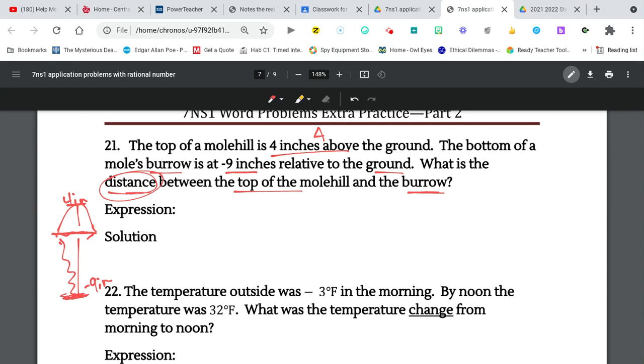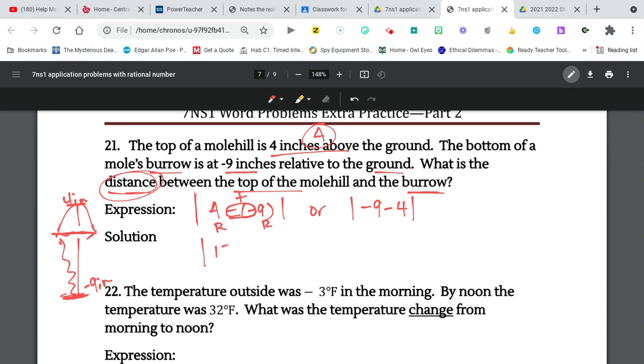But I want you to write the expression. So I'm going to start off with 4 because it's distance. I'm going to make sure I subtract and use absolute value. 4 minus -9. Or you could have written -9 minus 4. Here, this goes to the right, and minus negative is the same as a plus, so it also goes to the right.